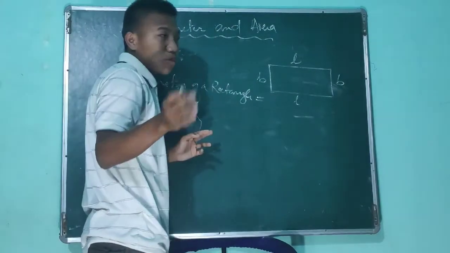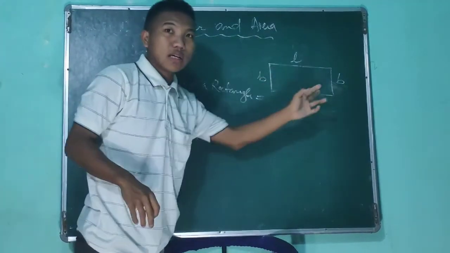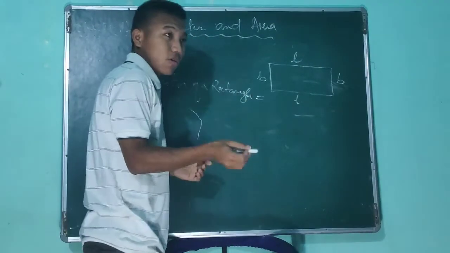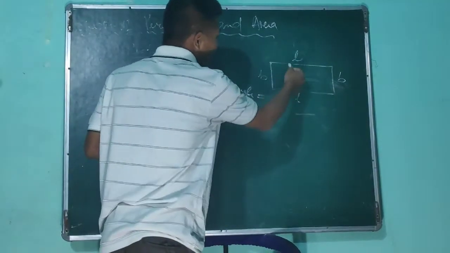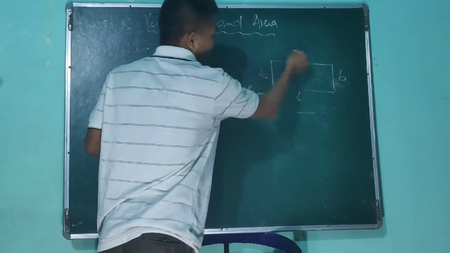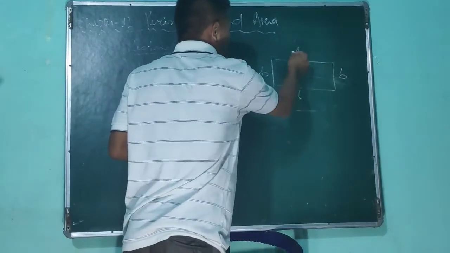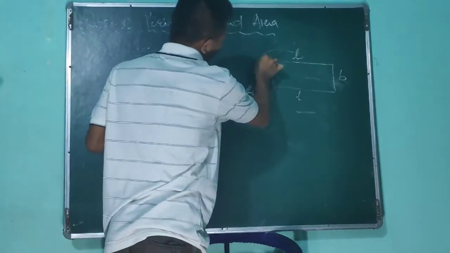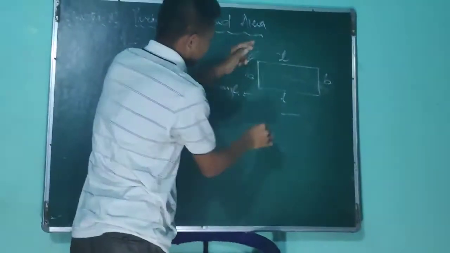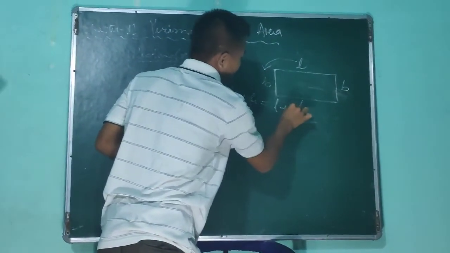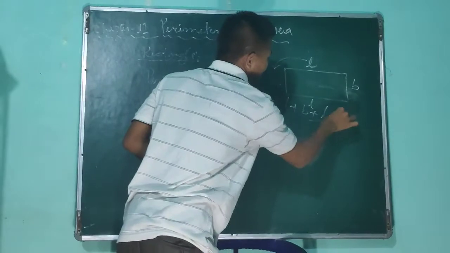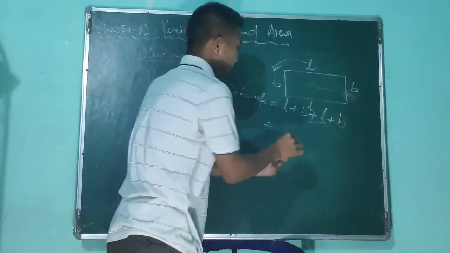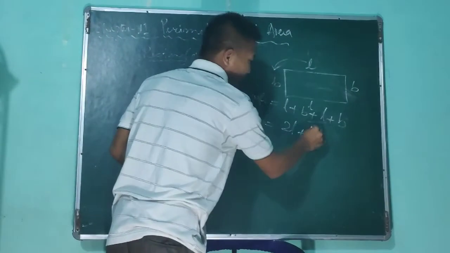Perimeter, as I have told you, means sum of the sides of a figure or of a polygon. So let us go clockwise or anti-clockwise, anyone you wish. Length plus breadth plus length plus breadth. Now length and length, twice length; breadth and breadth, twice breadth.